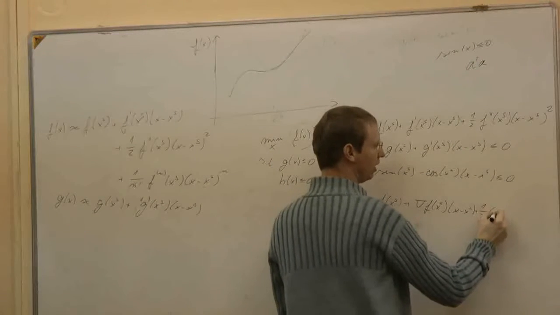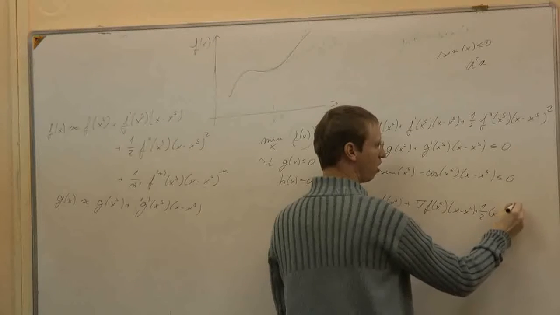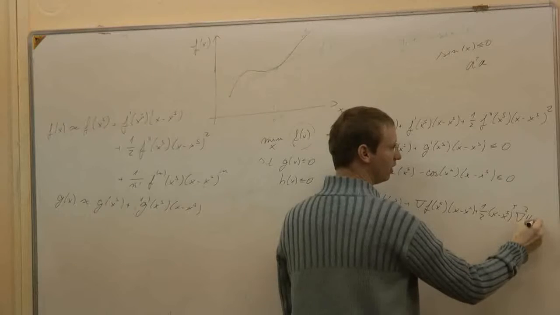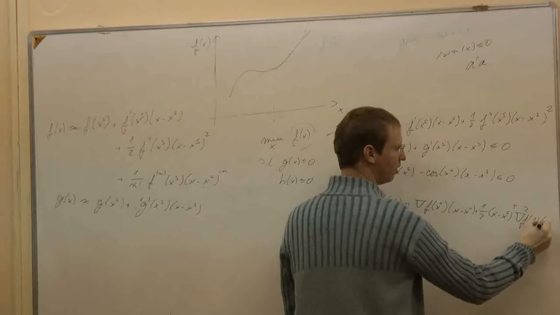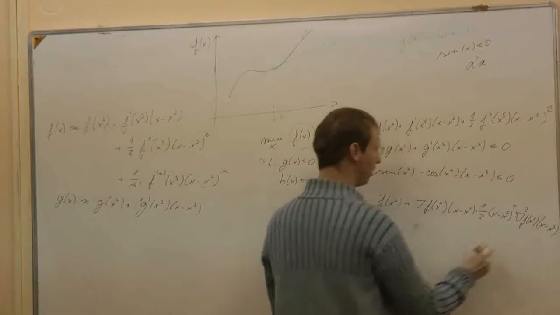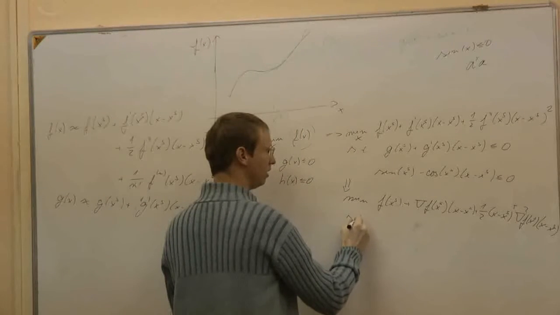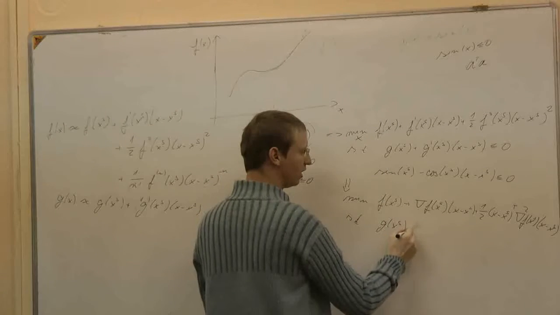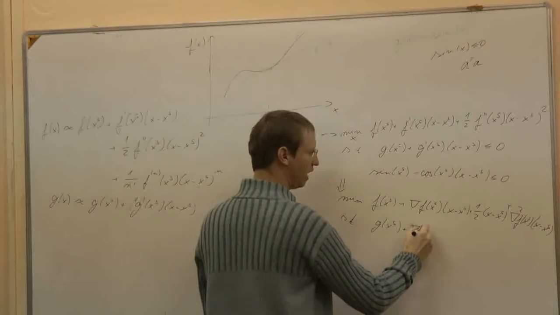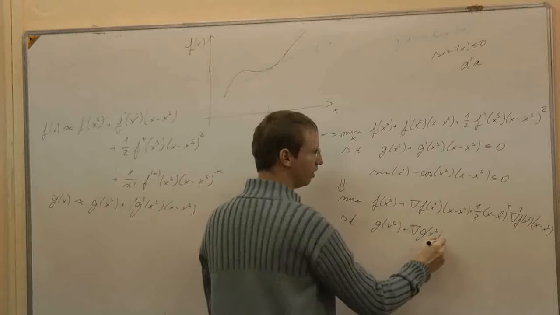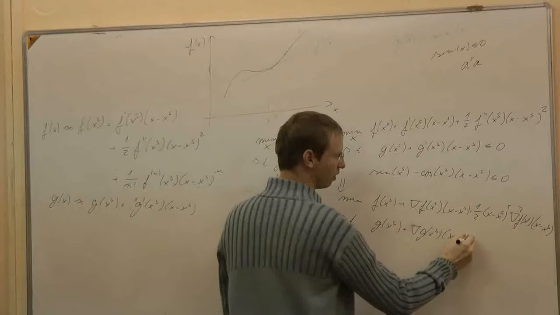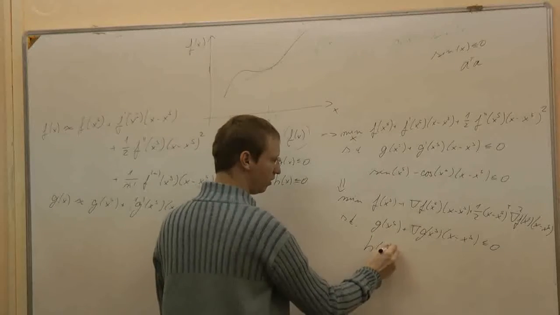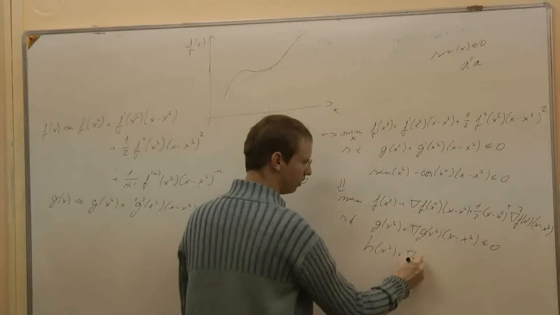So we must write it as (x minus xs) transpose times the Hessian evaluated at that point times (x minus xs). And here the constraints are the constraint evaluated at that linearization point plus the gradient evaluated at xs times (x minus xs). That's smaller than 0, and actually for equalities we have the same thing.